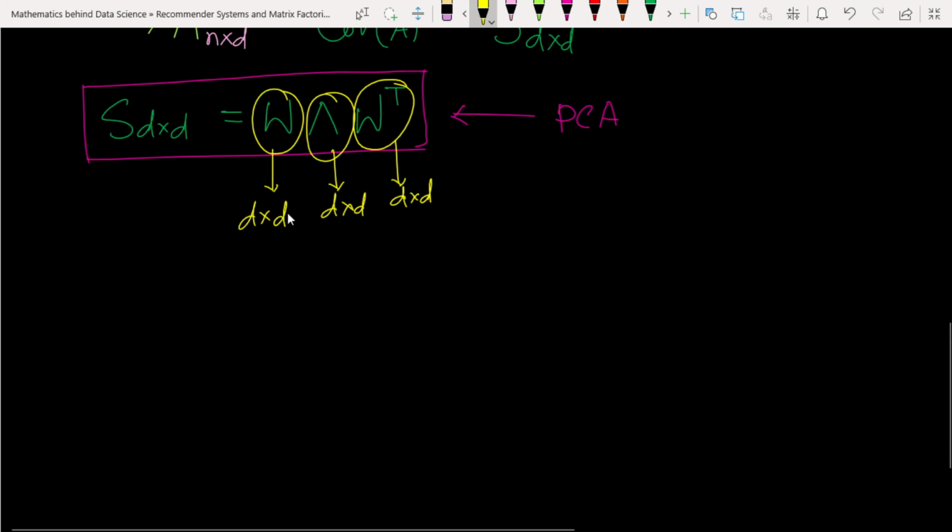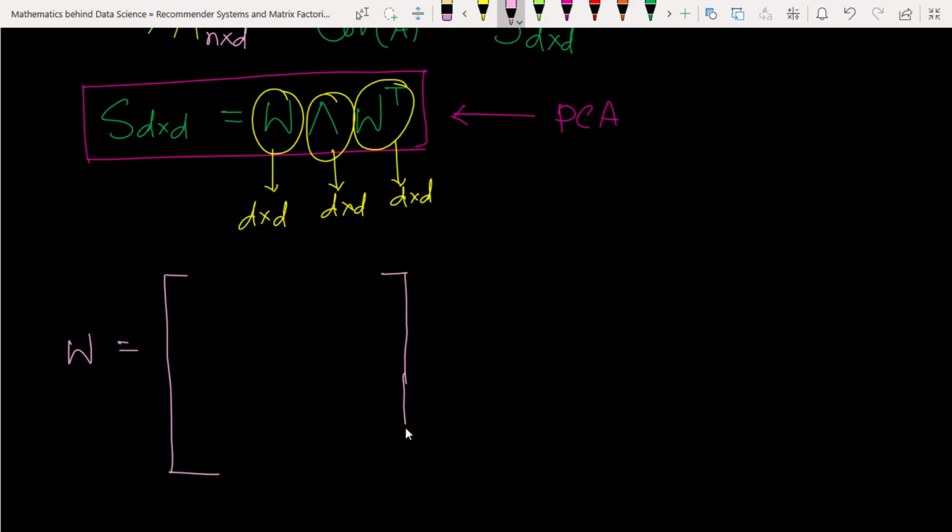Now, what is W responsible for and what is sigma responsible for? Let's see what its significance is. Suppose W looks like this.